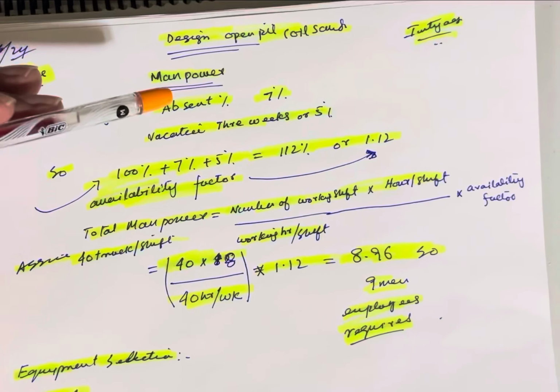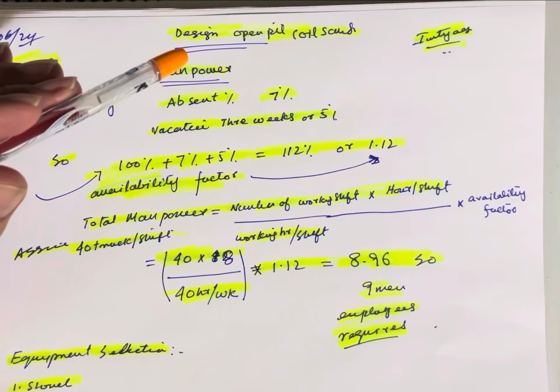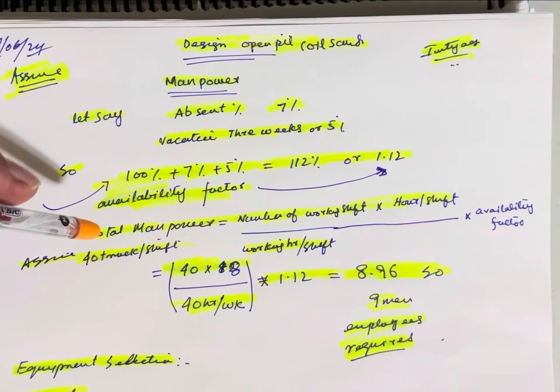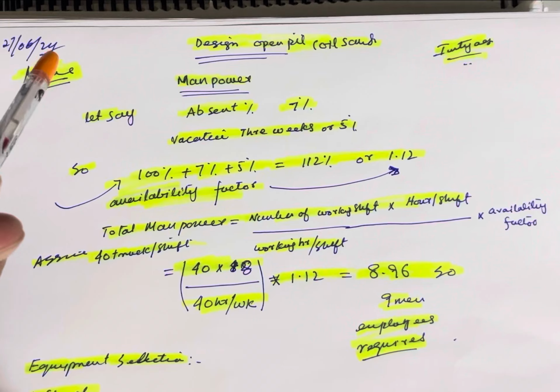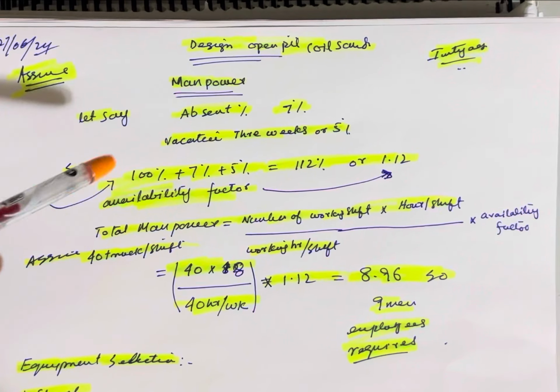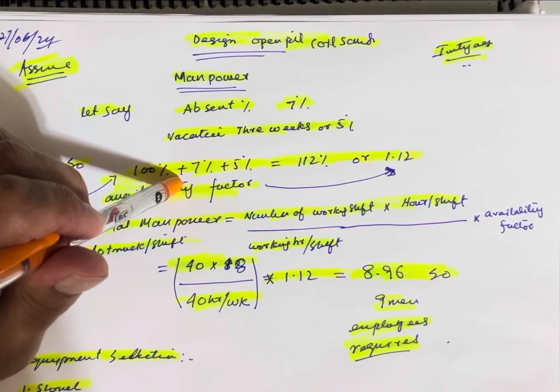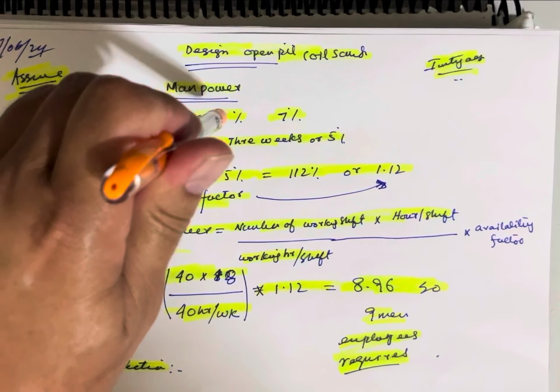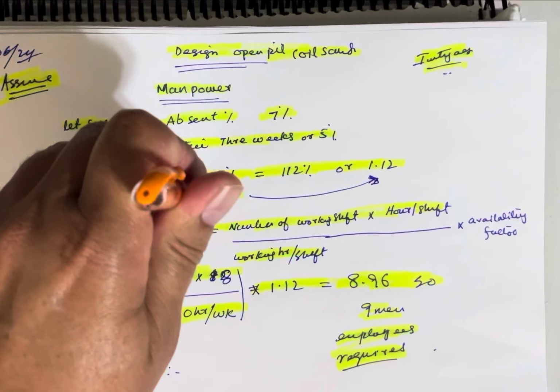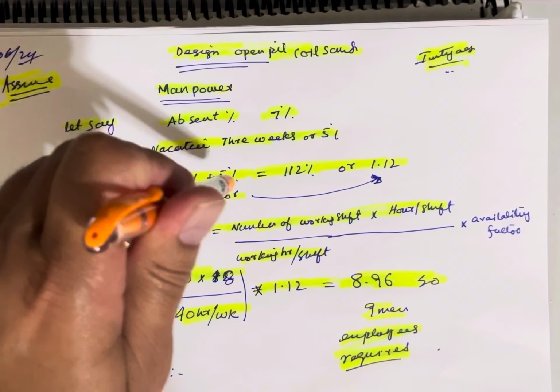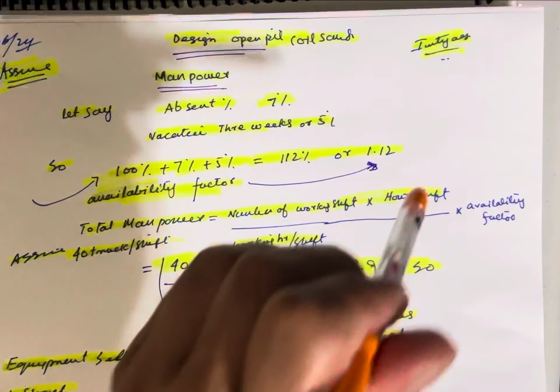And then the vacation is usually 3 weeks or 2 weeks because it's a paid vacation, and the weekend is not included. So 100% plus 7% absenteeism plus 5% or 6% vacation, so it's 1.12.